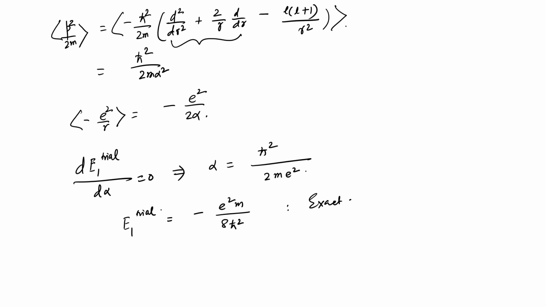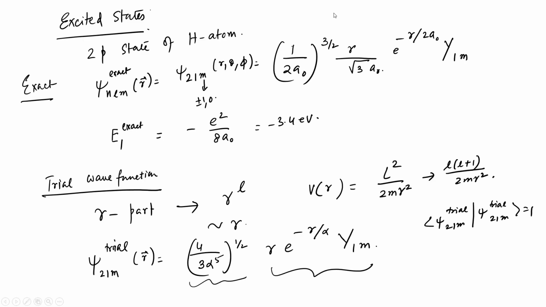And so, you should remember that this expectation value has a dependence on theta. Okay. So, this Y_1m has a theta dependence and of course, a phi dependence. So, they cannot be taken out as a 4 pi, as opposed to when we did it for the ground state.